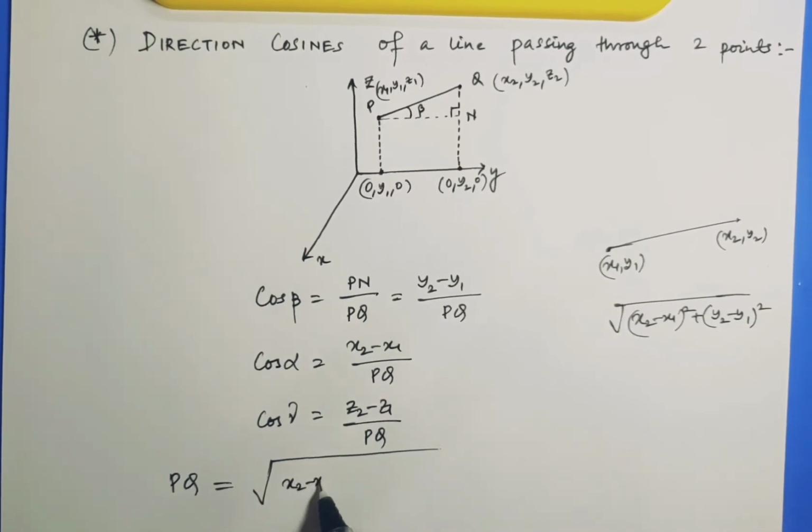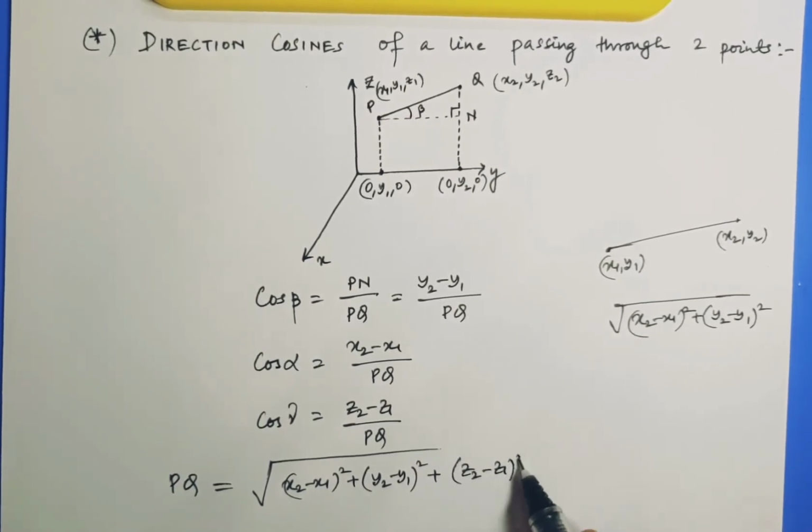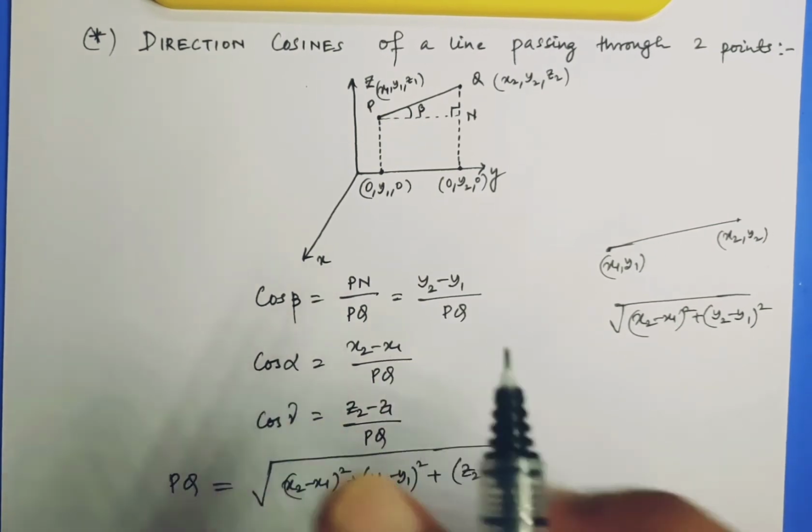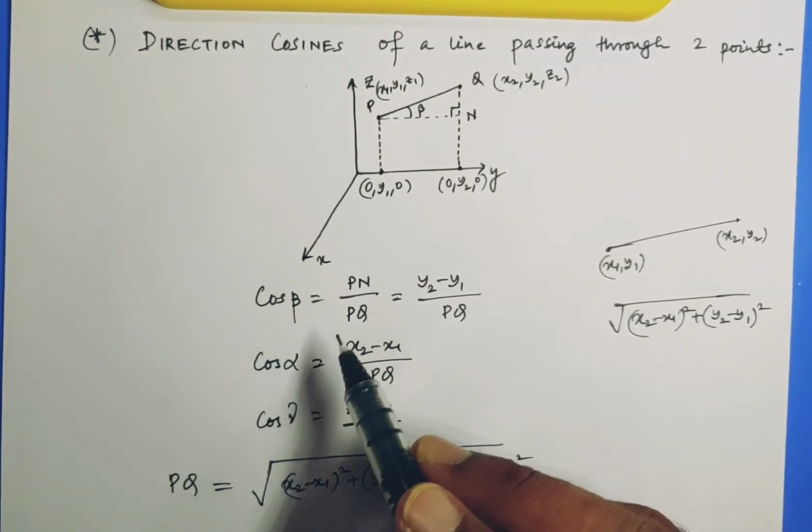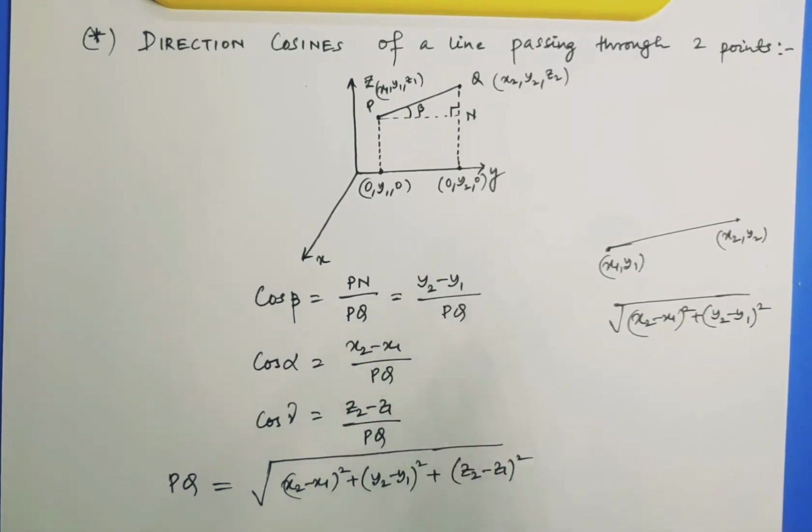I will tell you. It is root over of x2 minus x1 whole square plus y2 minus y1 whole square plus z2 minus z1 whole square, because there is an added third dimension in here. Am I clear? So this is what we get. This is how we find cos alpha, cos beta and cos gamma for a line passing through 2 points. Am I clear? Understood?